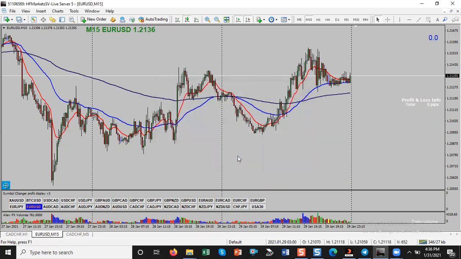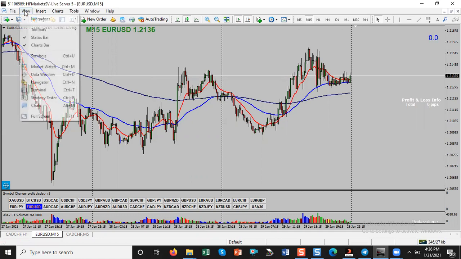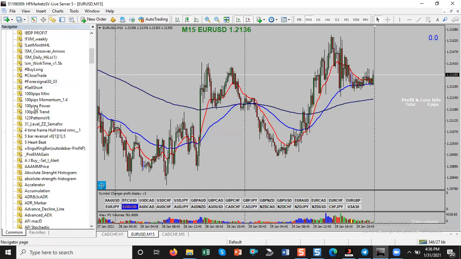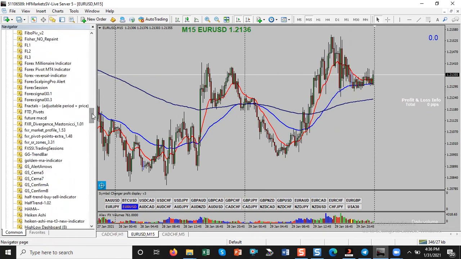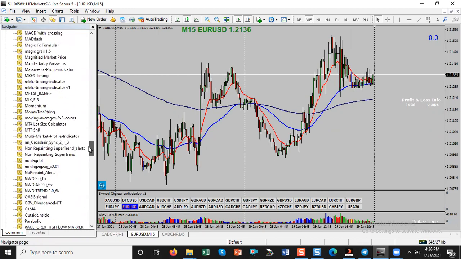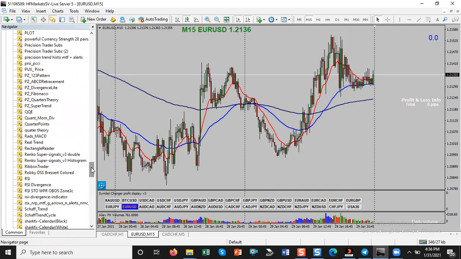Okay, all right. Then we're also going to add a supply and demand zone. The supply and demand zone indicator is one of the indicators we're going to be using for this strategy.